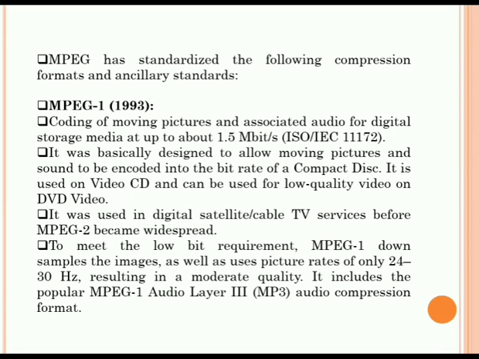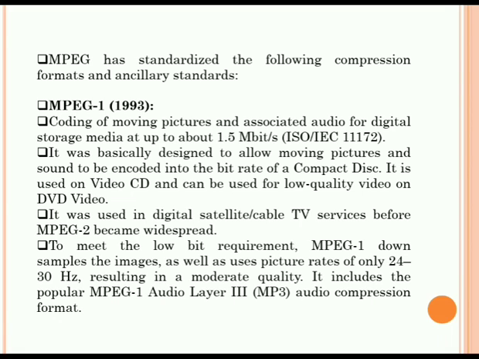This is nothing but the bit rate. It was basically designed to allow moving pictures and sound to be encoded into the bit rate of the compact disc. It is used on video CD and can be used for low quality video on DVD video. It was used in digital satellite and cable TV services before MPEG-2 became widespread.